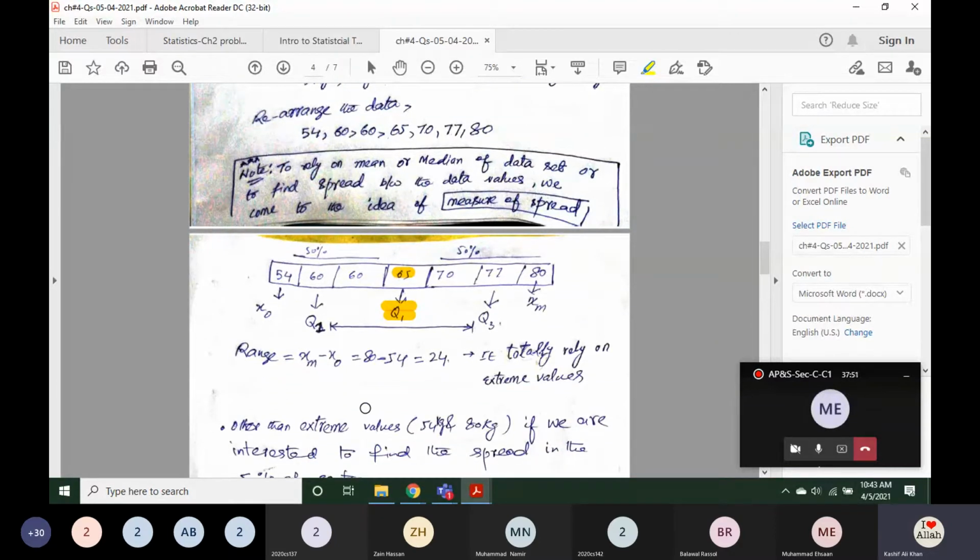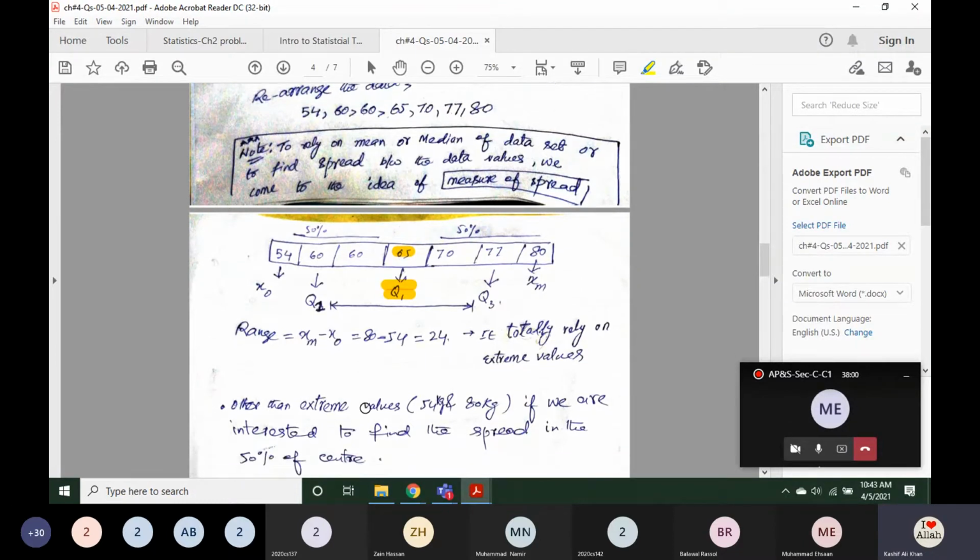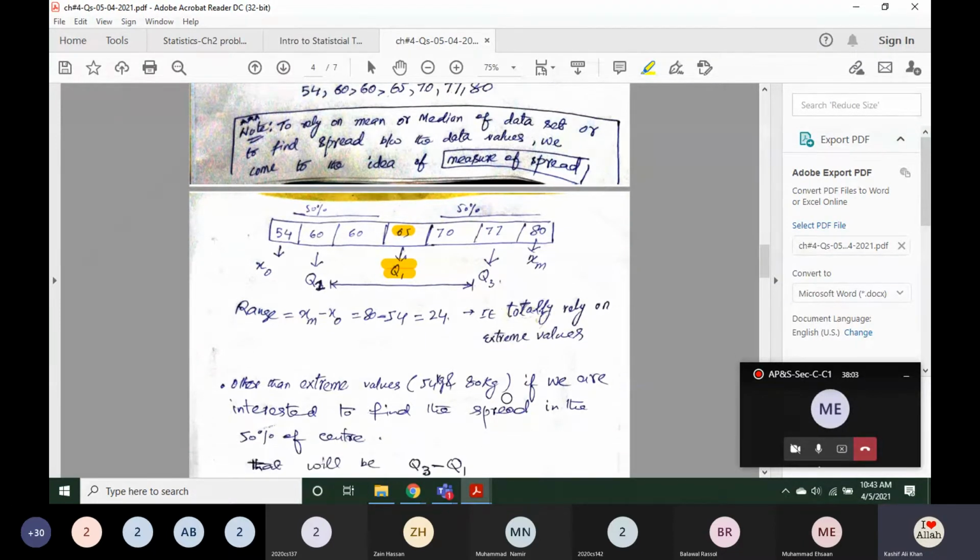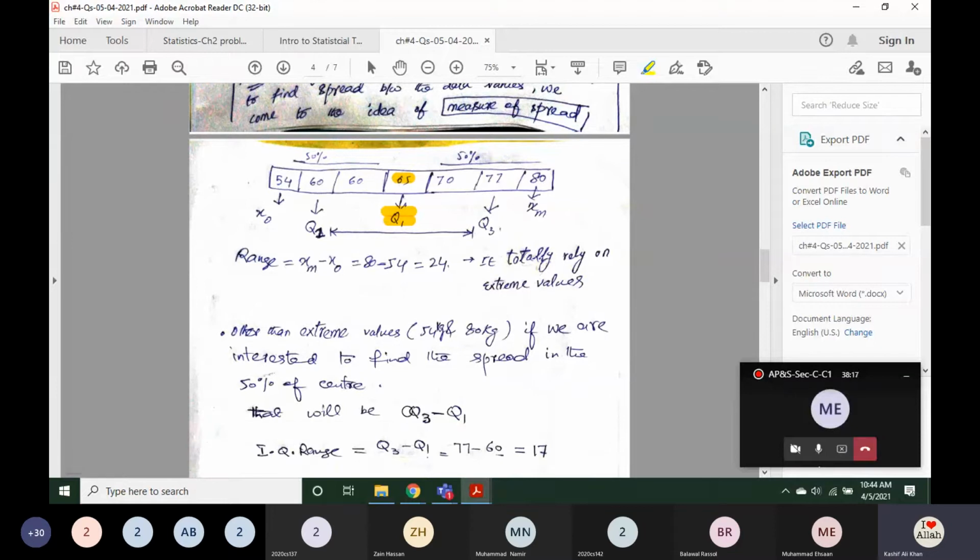So let's come to the steps that are written below. We computed the range of the original data, which is 24. It totally relies on extreme values. So other than extreme values 54 and 80 kg, if we are interested in finding the spread in the 50% of the center, by eliminating the extreme values 54 and 80, that spread will be indicated by Q3 minus Q1, and that is named the interquartile range.